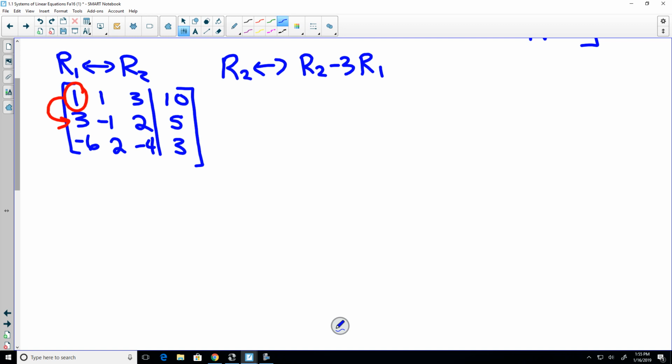See that? So I'm replacing row 2. I'm changing row 2. What am I changing it with? I'm taking a multiple of one row and adding it to the other. So I'm multiplying row 1 by negative 3, and I'm adding it to row 2. Or you could say row 2 minus 3 row 1.